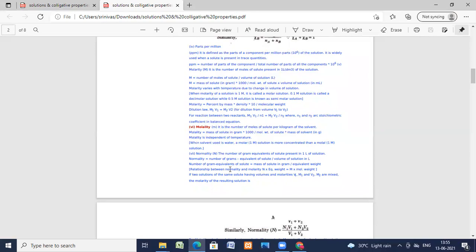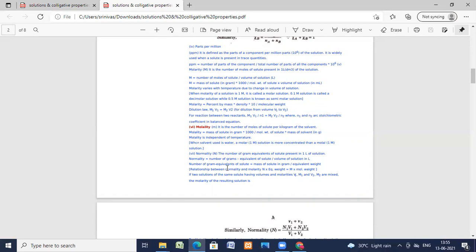The relationship between normality and molarity is N into equivalent weight equal to M into molecular weight. So a normal solution can be converted to a molar solution using this formula.